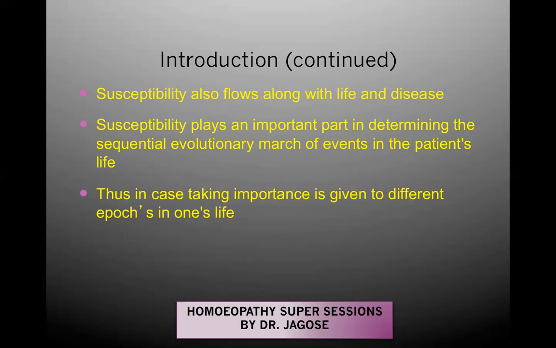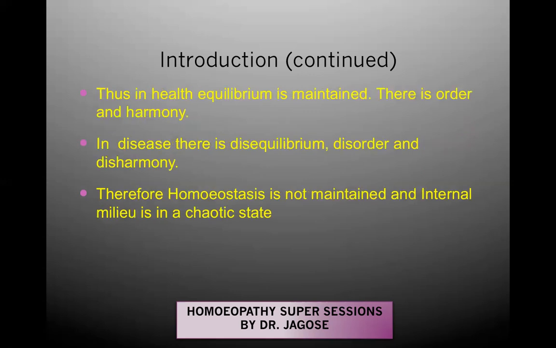Then childhood, then you go into adolescence, then adulthood, then old age. And ultimately, that will lead to death. These are all the important epochs in one's life to which we give importance while taking the case. So until and unless you are susceptible, the disease will not take place. Hence susceptibility is very important with regard to homeopathy.